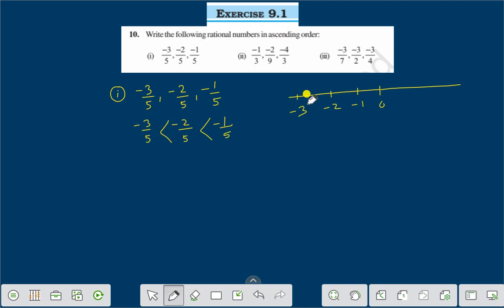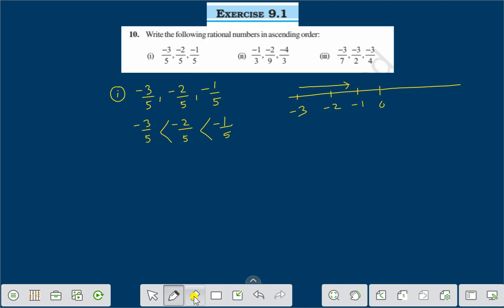Why? Because minus 3 is on the left side, and this goes on in increasing order. This is the increasing order. That is minus 2 is greater than minus 3, minus 1 is greater than minus 2, 0 is greater than minus 1, like this, right? Then we can say that minus 3 by 5 is less than minus 2 by 5, and minus 2 by 5 is less than minus 1 by 5, right?